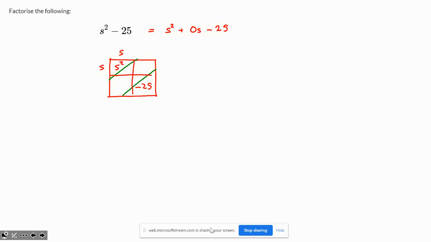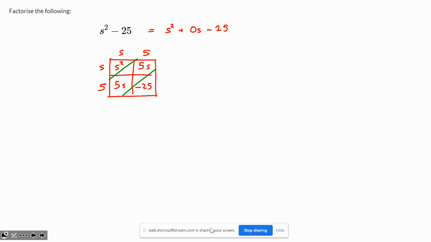And the way we can have two numbers that are the same is to do the square root of the number on the right-hand side. So the square root of the 25 is 5. So we're going to have 5 here and 5 here. So the key is we want them to cancel out. So s times 5 would be 5s, and s times 5 would be 5s.